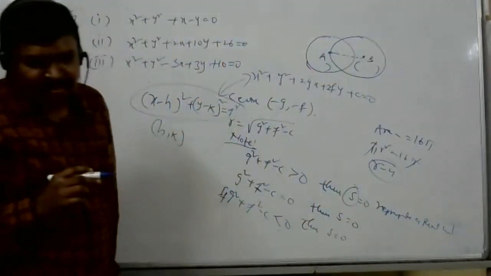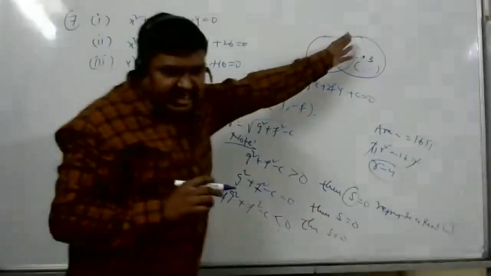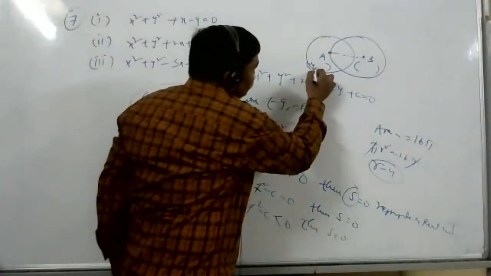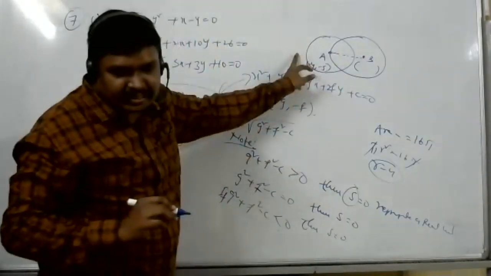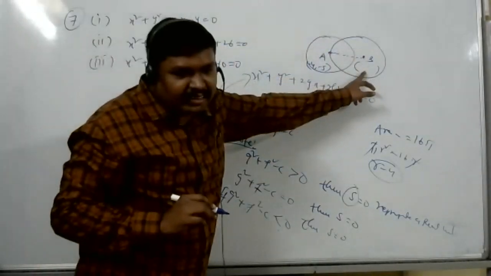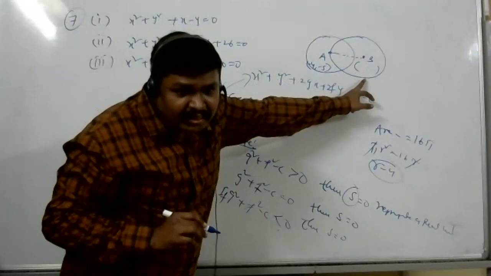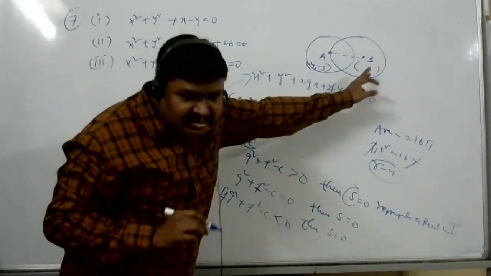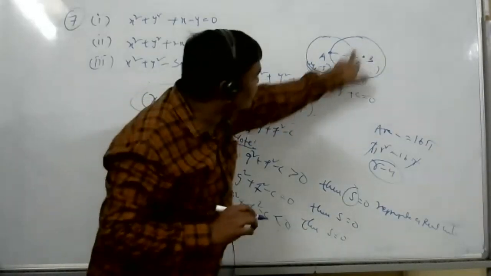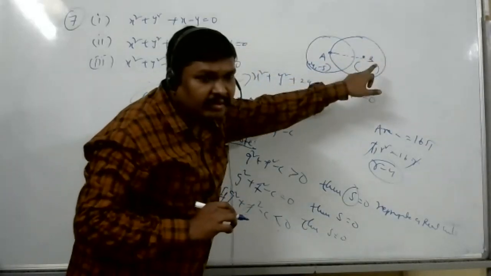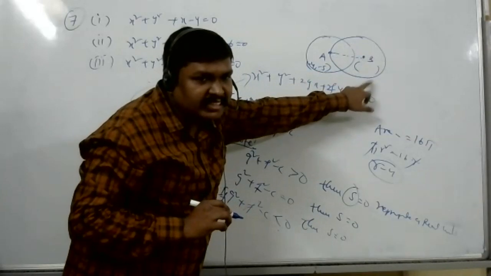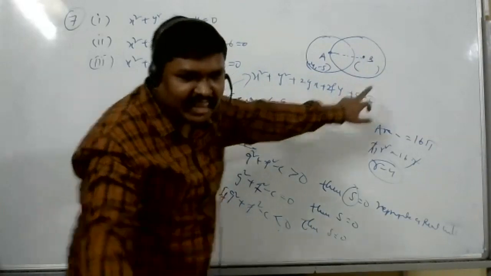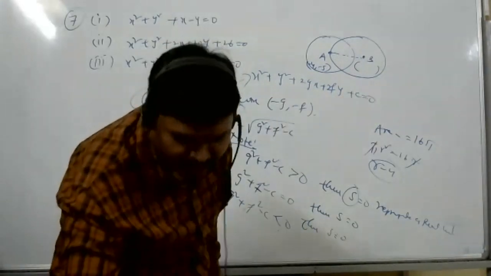First circle center is minus 4 comma minus 5. Second circle center has the same center, right? Sir, but isn't it concentric circles? This is a concentric circle. Okay, sir. See, read the problem clearly as given.